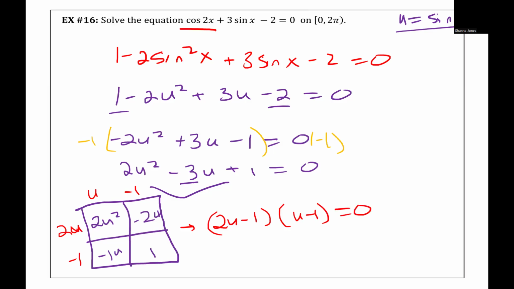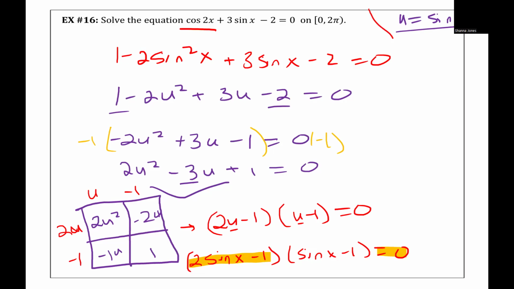Now remember, what does u mean? u is sine x. So when I substitute back in for u, I'm simply solving 2 sine x minus 1 and sine x minus 1 equals 0. As we talked about before, when you have factors, that means you're taking each factor and setting it equal to 0 and solving from there.